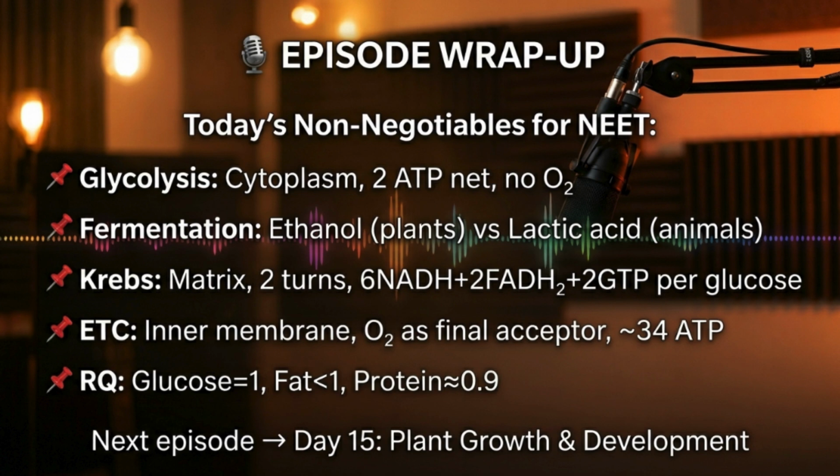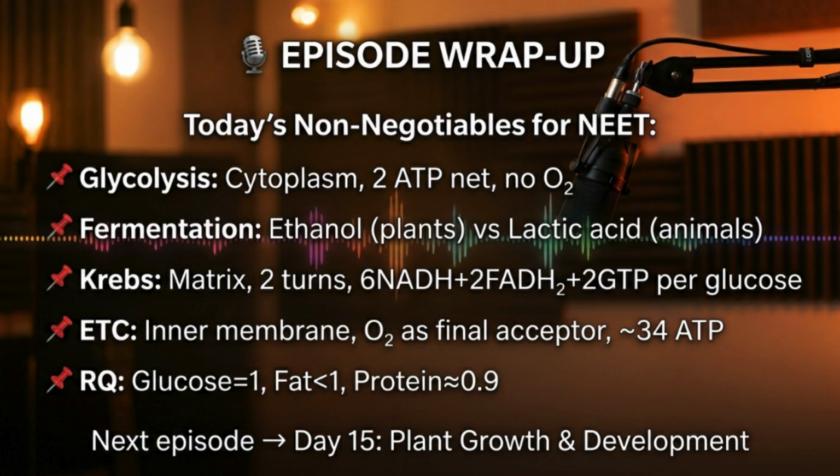Let's close out. 5 things you absolutely cannot go into NEET without knowing from this chapter. 1. Glycolysis happens in the cytoplasm, produces net 2 ATP, needs no oxygen. 2. Fermentation. Plants and yeast make ethanol and CO2, animals make lactic acid. 3.